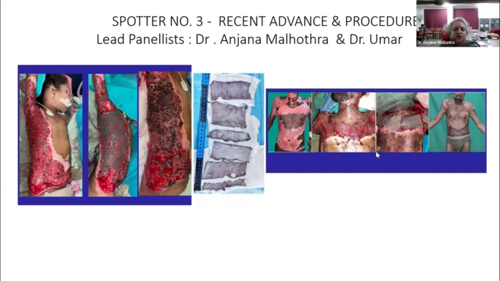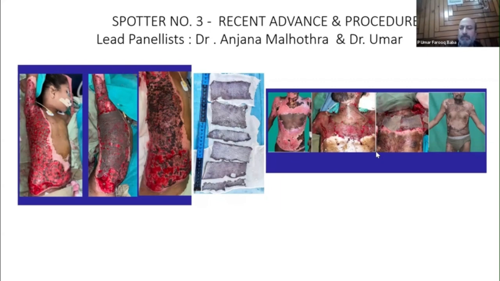What is the other name of this technique? Sandwich technique. So why is it done? When the donor areas are less and there is a large percentage of burns. No, you can just mesh. You just take the autograft, mesh it widely and put it. Why are you putting the cadaveric skin above it? What is the indication?